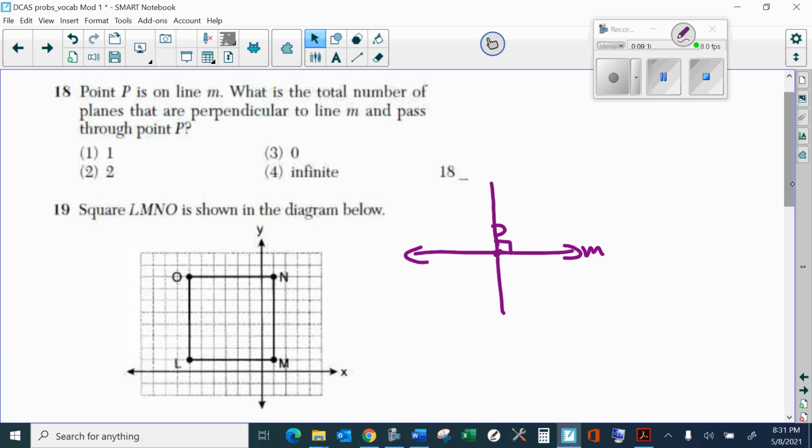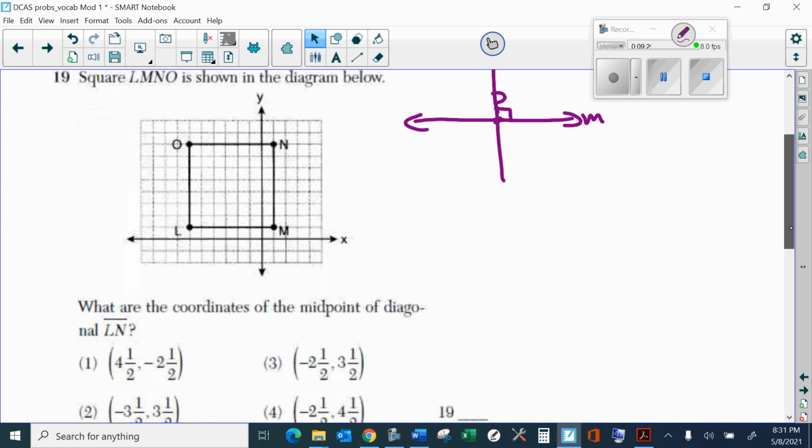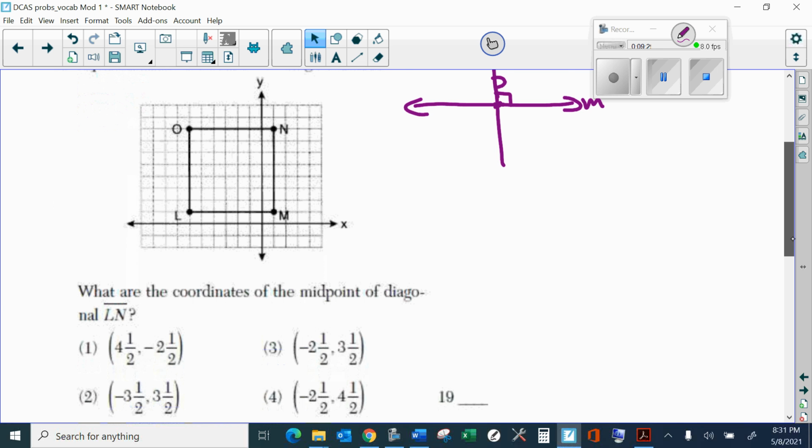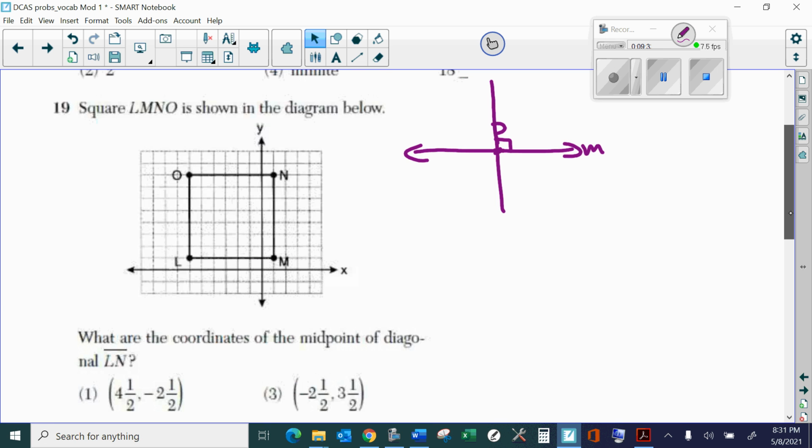There's only going to be one plane that's going to come out directly perpendicular to line M and pass through P. Yeah, 1.